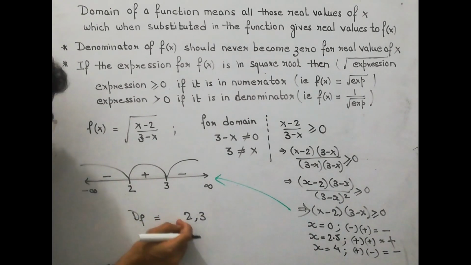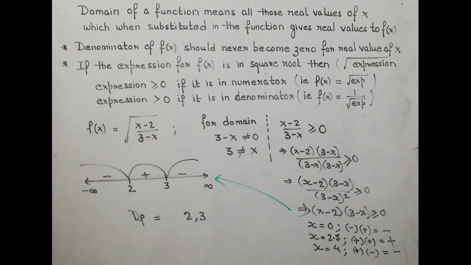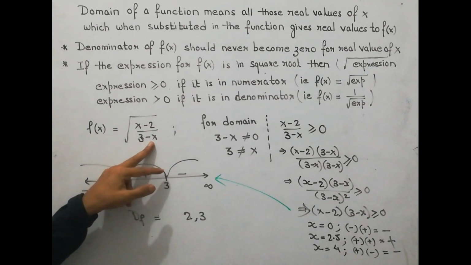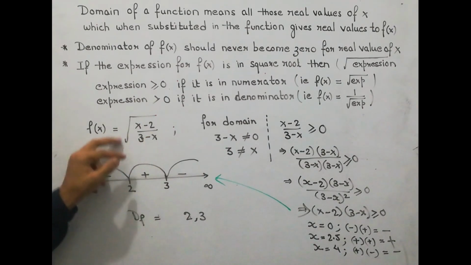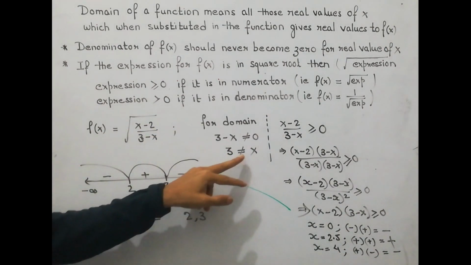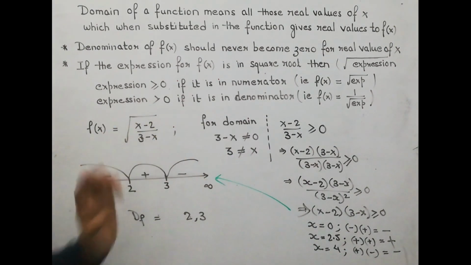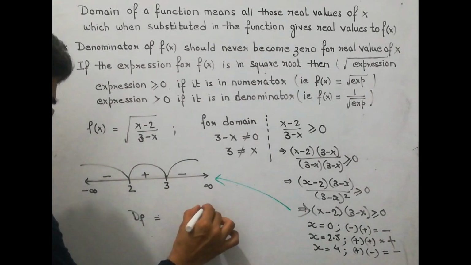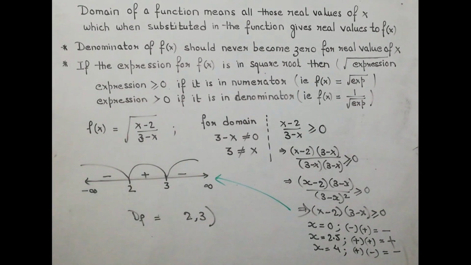Now, which bracket could we put over here? Now see, if we consider 3 here, then this becomes undefined. We have already said that x is not equal to 3 initially. So this will be a round bracket because x cannot be equal to 3.